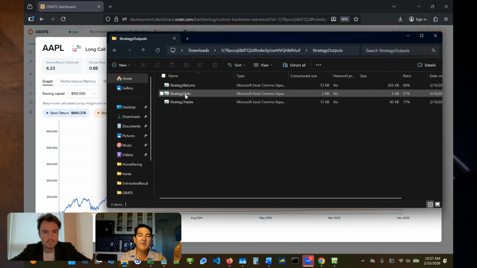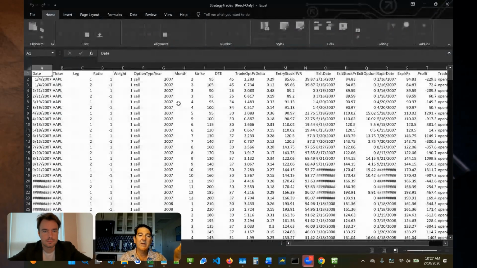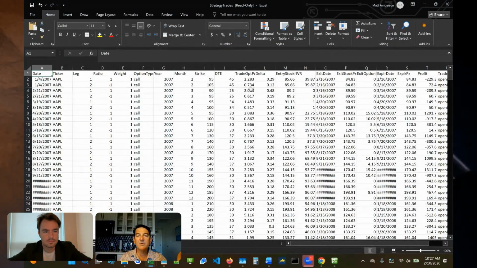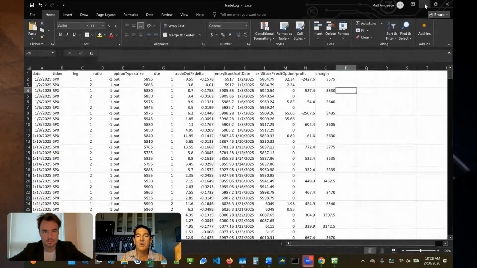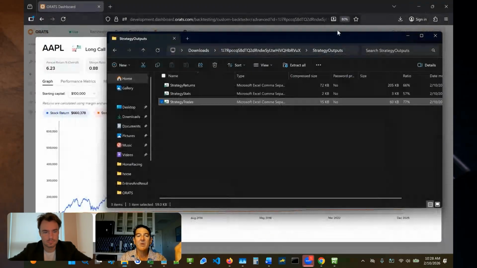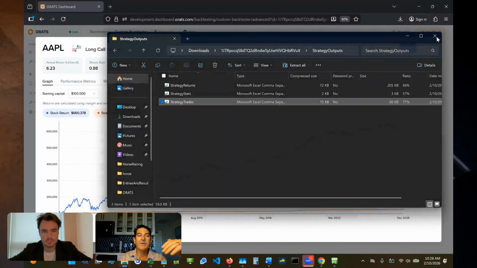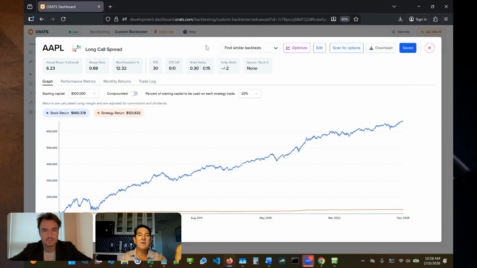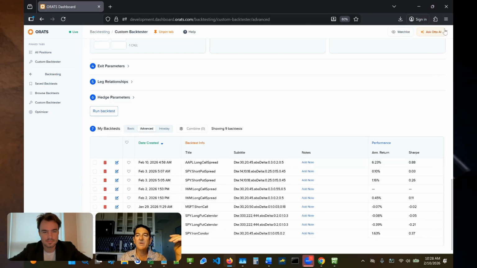So it's strategy output, strategy trades, and you could see all the trades that you made, which is really neat. Now you could start to manipulate those on your own in a CSV, in a program, or in Excel, or something like that. So very cool. I think that's a good overview, Tyler, of the advanced.